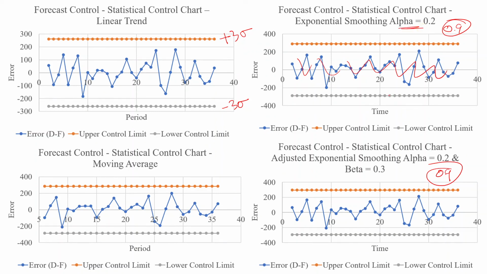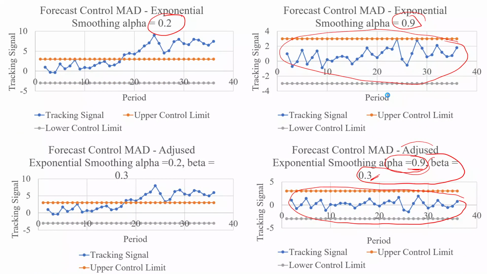So a statistical control chart here is not really telling as much as you got from the tracking signal method by the MAD. As I said before I started, they're kind of complementary, so we have to do both of them to see what is the best way to forecast this particular data set.